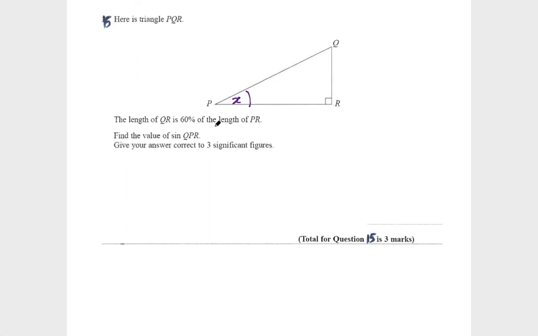Again, this is a proportion problem, and it's going to be made simpler if I just choose a length that works for this. So if QR is 60% of PR, I could choose those. Obviously that's going to be easier to write as 6 and 10, or even 3 and 5. Any of those will work.